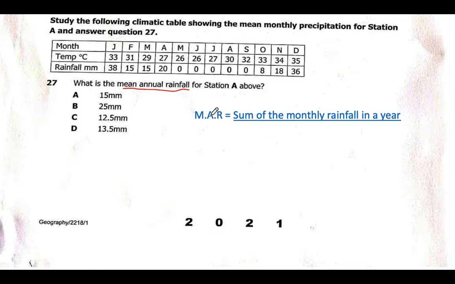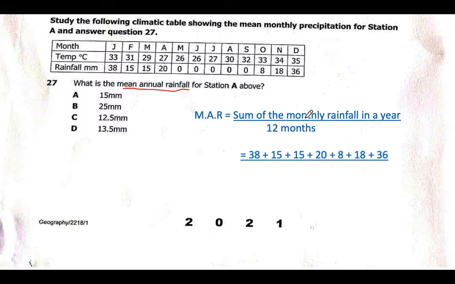So the mean annual rainfall is given by the sum of the monthly rainfall in a year divided by 12 months. So you sum up, you add everything in this particular strip, and then you divide by 12.